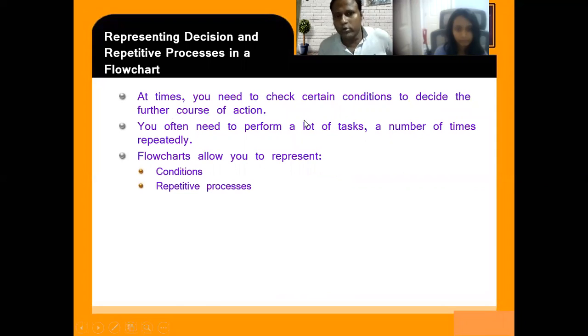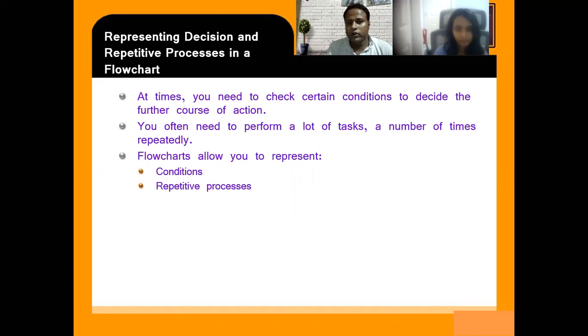So today we have discussed the different symbols of flowchart, like start, end, and the different symbols we're using. We covered different exercises, and in this session we learned about the advantages and disadvantages of the flowchart and the rules we have to follow.